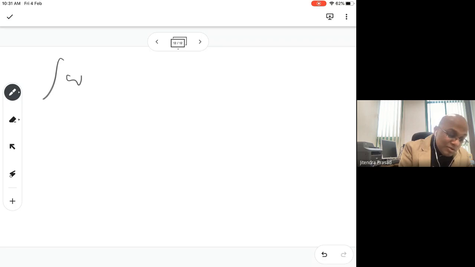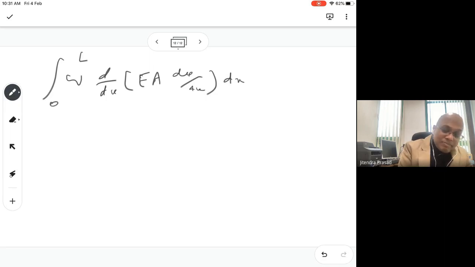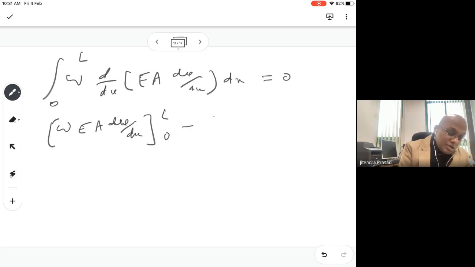We start with the integral from 0 to L of w times d over dx of EA du over dx, which is equal to 0 since there is no body force term. Or we get w EA du over dx evaluated from 0 to L, minus the integral from 0 to L of EA dw over dx du over dx.